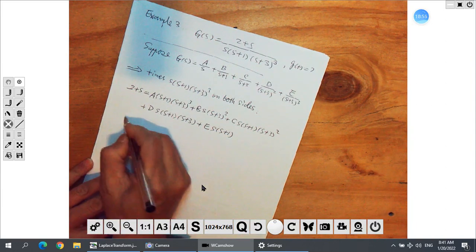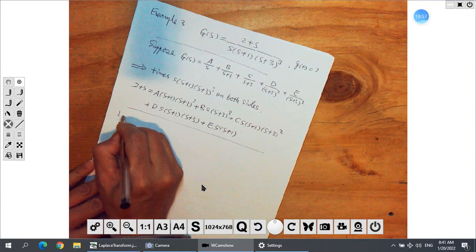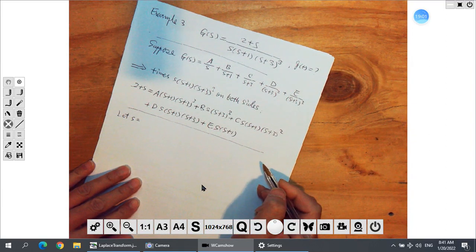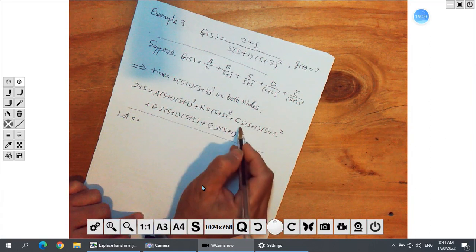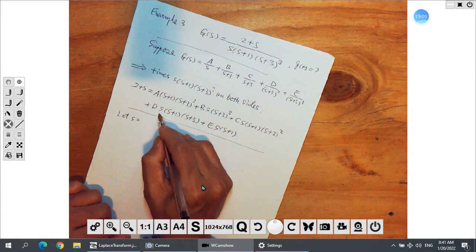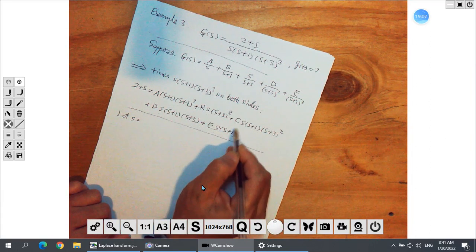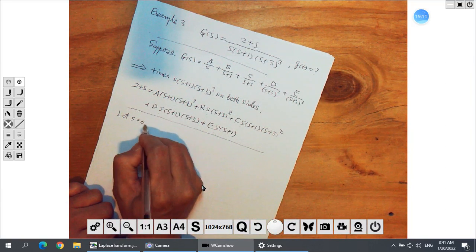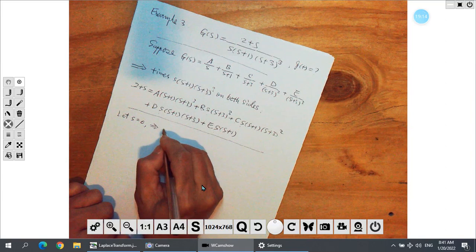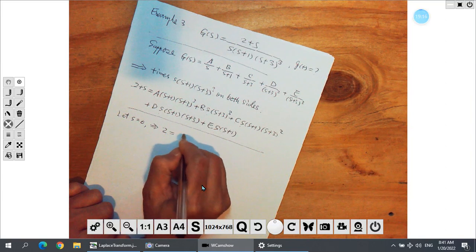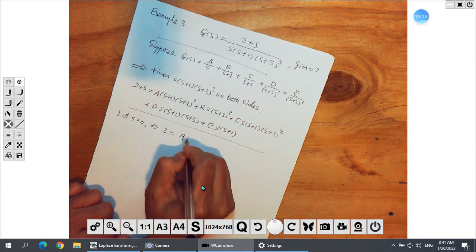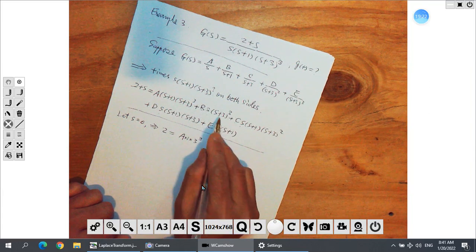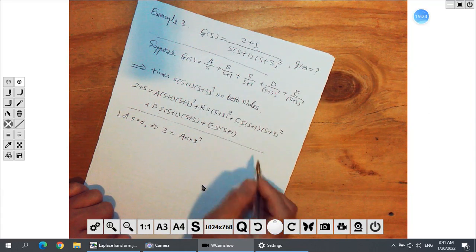Now let s equal to 0. Then all the terms with s turn to 0, and only the A term is left. So I get 2 plus 0 equal to A times 1 times 3 cubed, and all the rest are zeros.